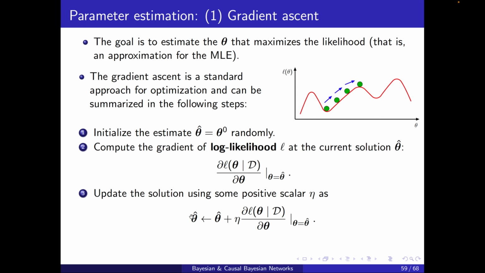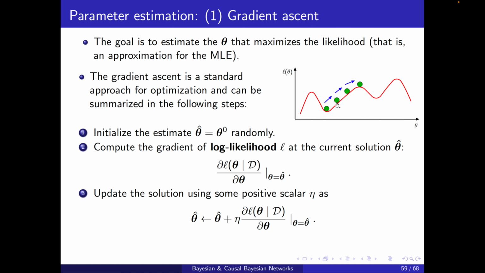The new value for my estimate theta hat will be the previous value plus eta times the partial derivative of the log likelihood with respect to theta, the gradient at that point. So I will move whatever the size of this arrow is times the parameter eta.